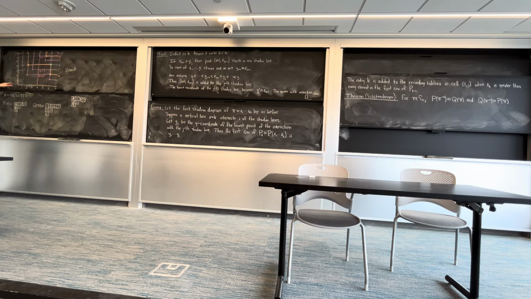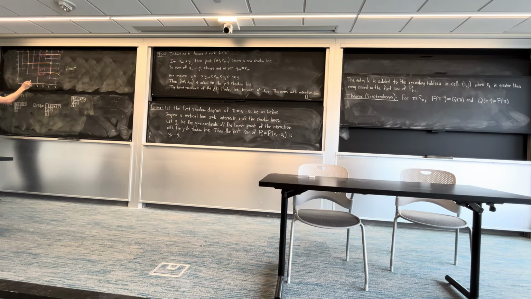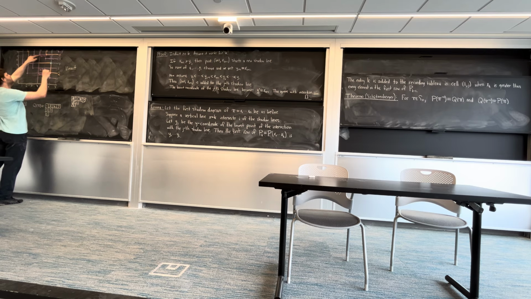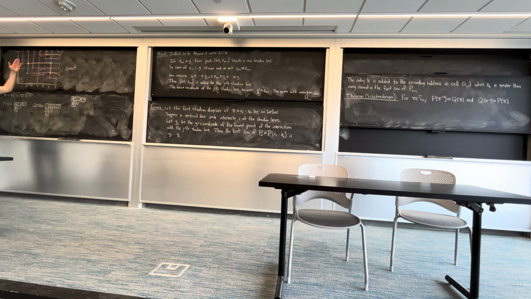But really, what I'm saying is, here, 4 maps to 6 in this permutation. So in the inverse permutation, 6 should map to 4. So this dot should get moved to this dot. So I'm reflecting across the y equals x line.